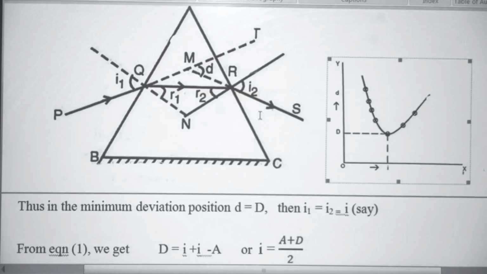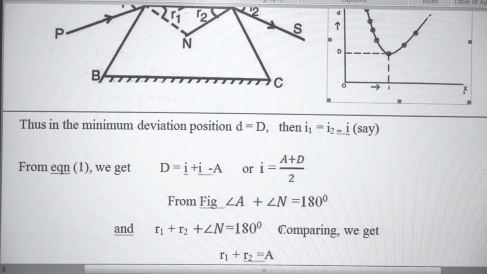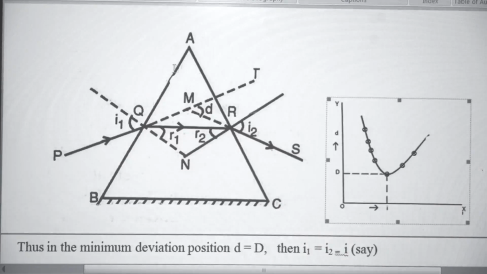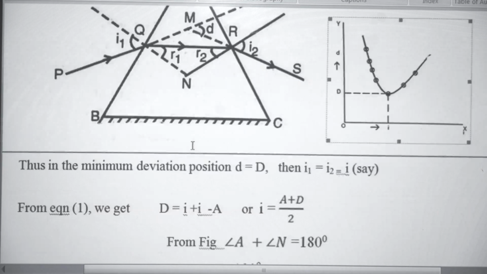And again from the diagram we can see the angle R1 plus R2 plus N is equal to 180. Also angle A plus angle N is equal to 180.